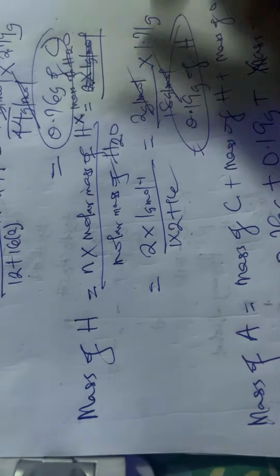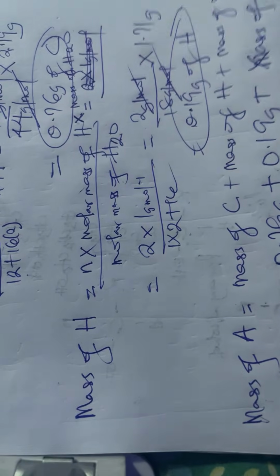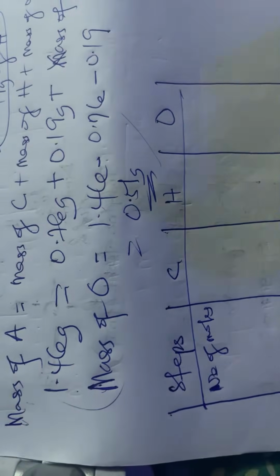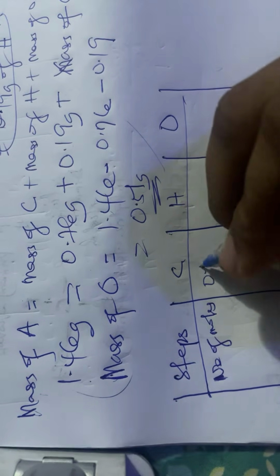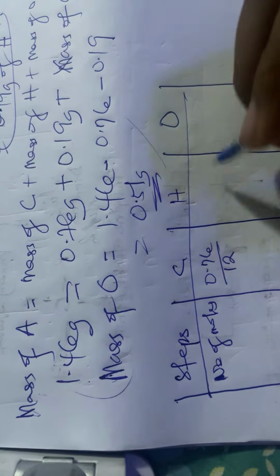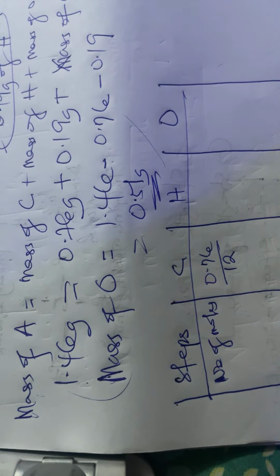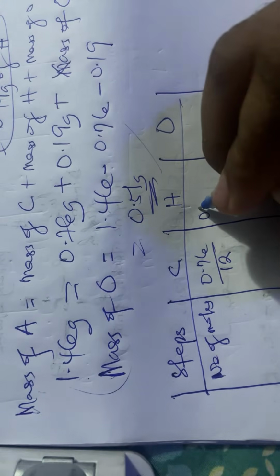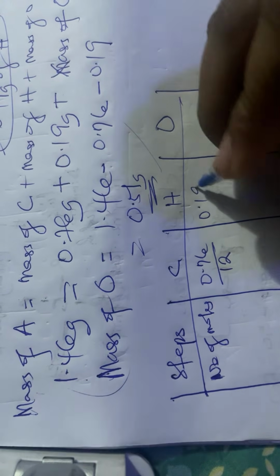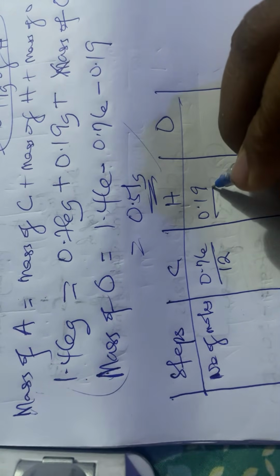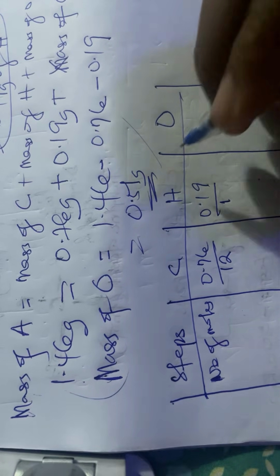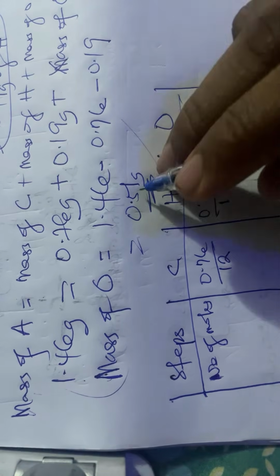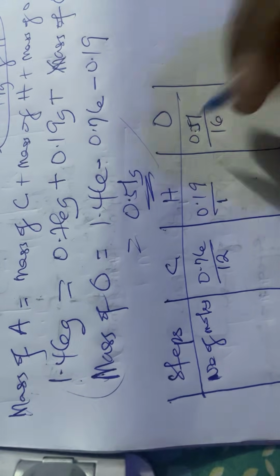What is the mass of carbon here? The mass of carbon that we calculated was 0.76. So we say 0.76 divided by the molar mass of carbon, which is 12. The mass of hydrogen is 0.19, and the molar mass of hydrogen is 1. The mass of oxygen we calculated is 0.51, and the molar mass is 16.